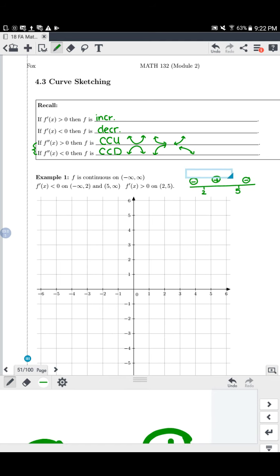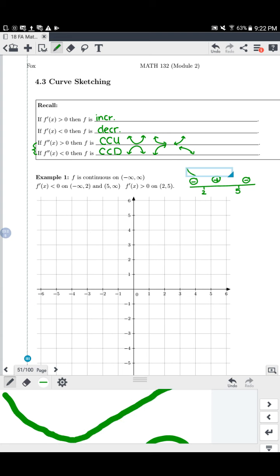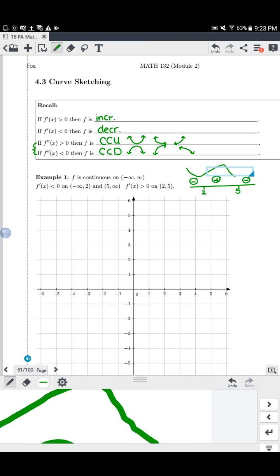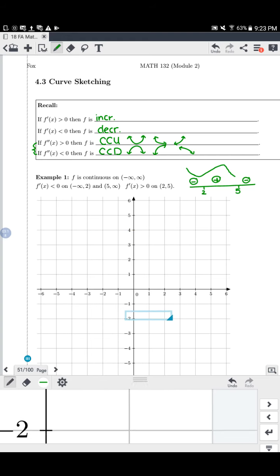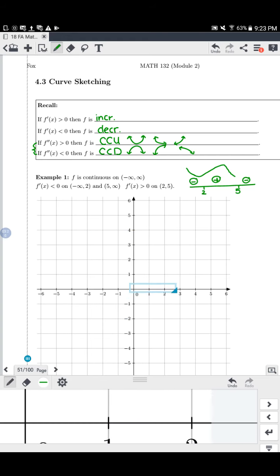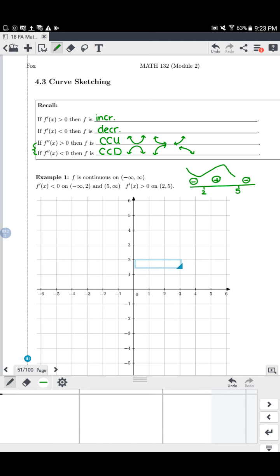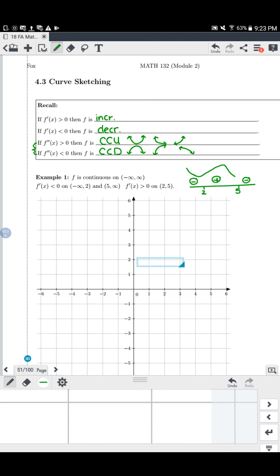So I can kind of sketch what this looks like just based upon that. So I'm decreasing before 2. I switch to be increasing between 2 and 5, and then I'm decreasing again. So something with that sort of shape is going to do. Otherwise, I'm not given any information. So I'm just going to draw something that meets these conditions.